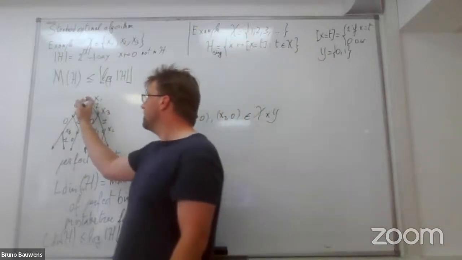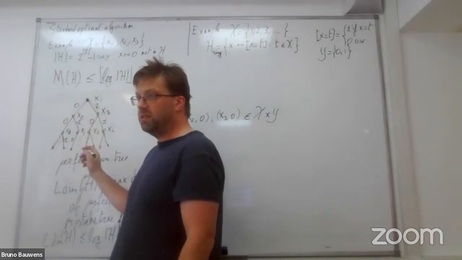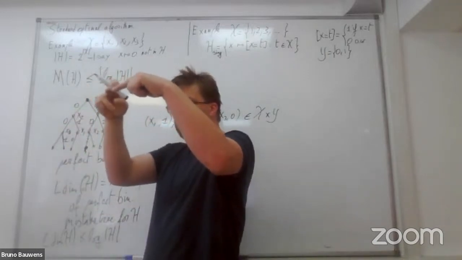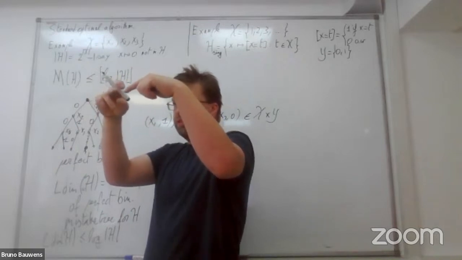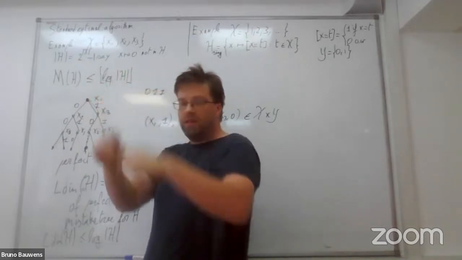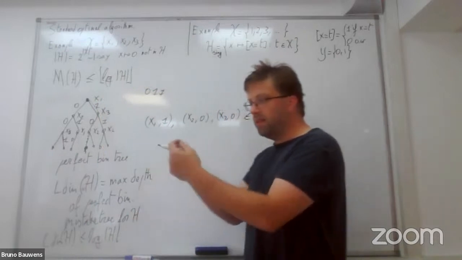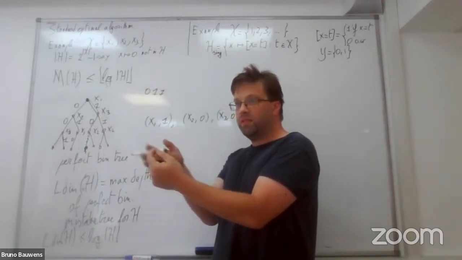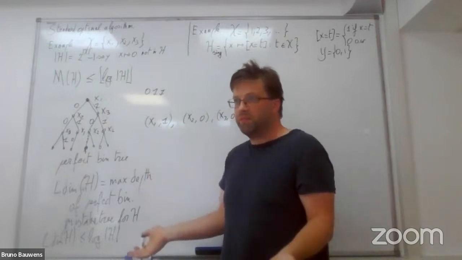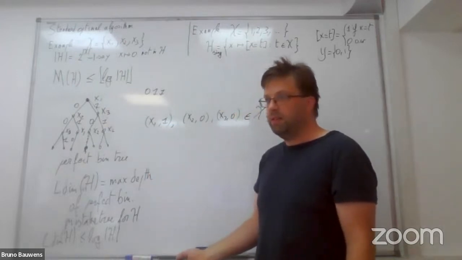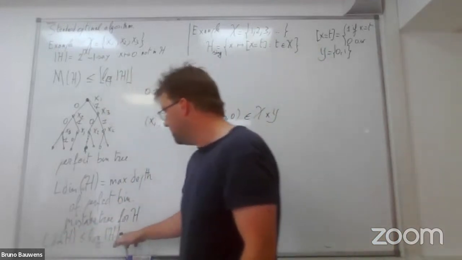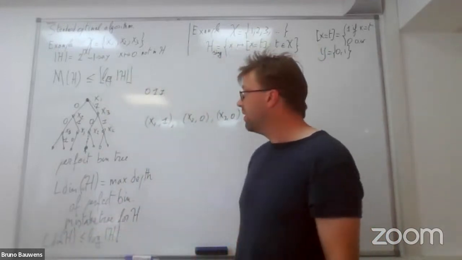Because you cannot be consistent with 2 branches. If you have 2 leaves, you look at their deepest common ancestor, and there you get 2 different answers for the same input, which is impossible for the same classifier. So they're all different, and the Littlestone dimension is at most the logarithm.